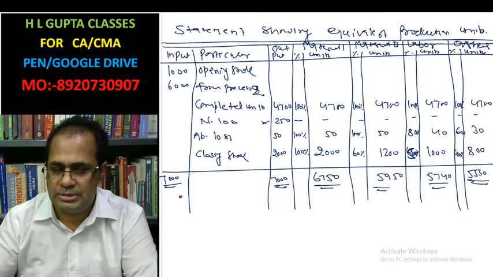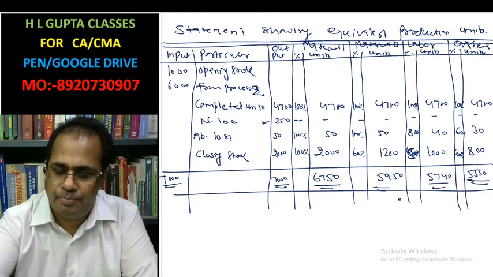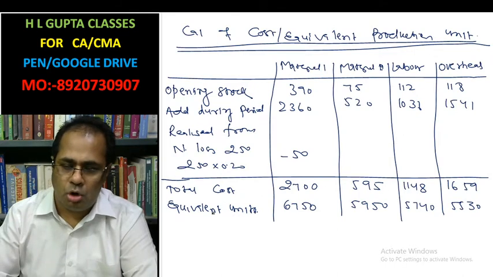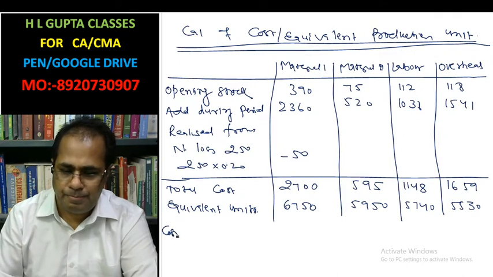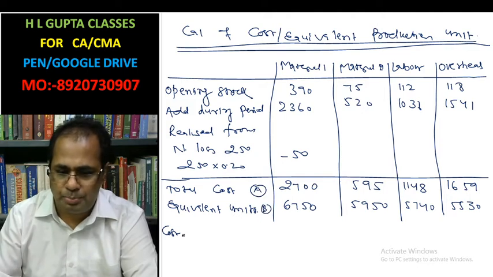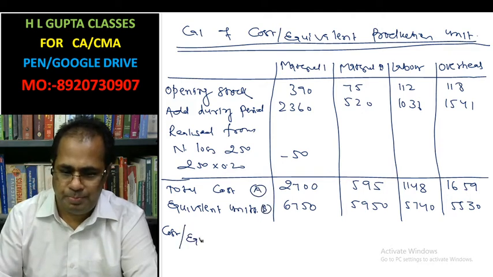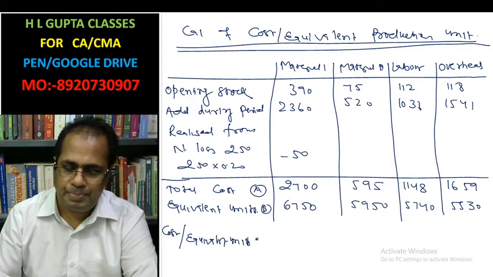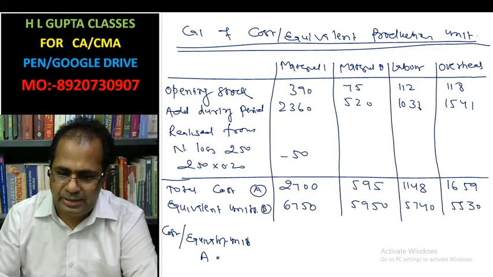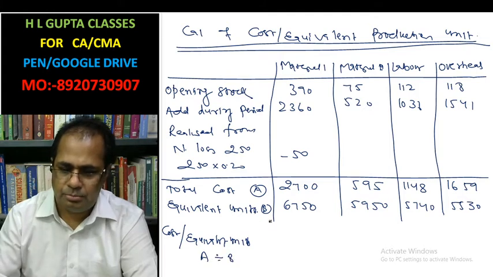Okay, these equivalent units are calculated here. Okay. Cost, suppose this is A and this is B. Cost per equivalent unit. In this case, A divided by B. Cost per equivalent units.